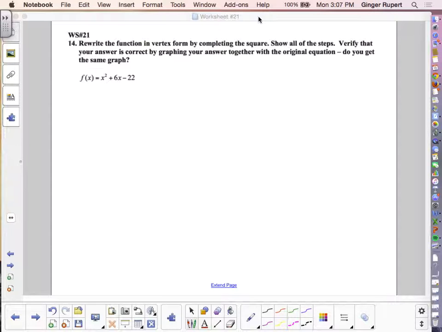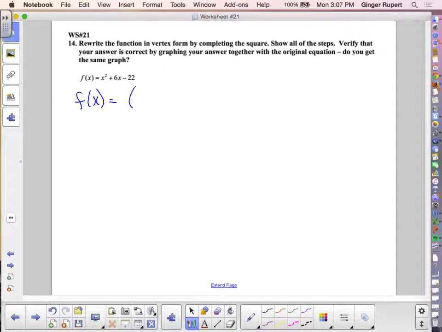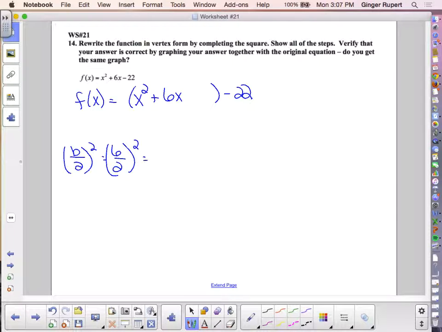Okay, so completing the square. Remember, I have f of x is equal to, group the terms that contain the variable and separate that from that constant 22. Remember, this is b divided by 2 squared, so that's going to be 6 divided by 2 squared, which is 3 squared.